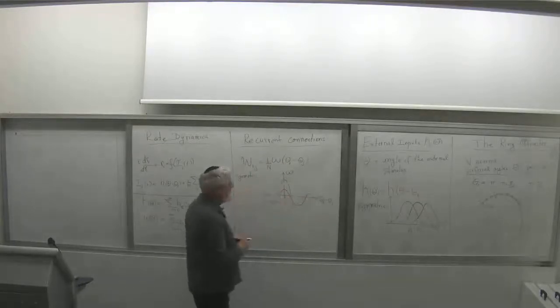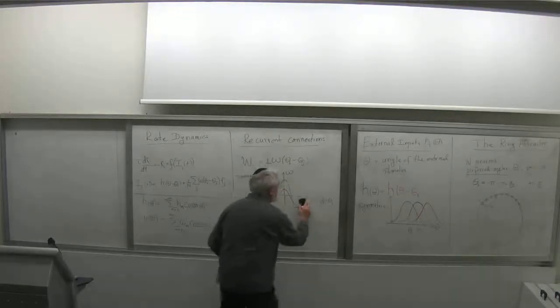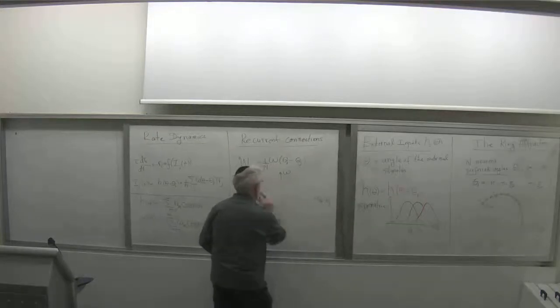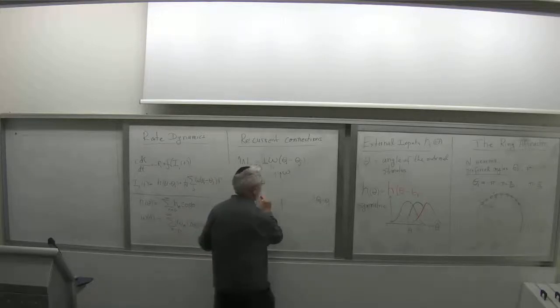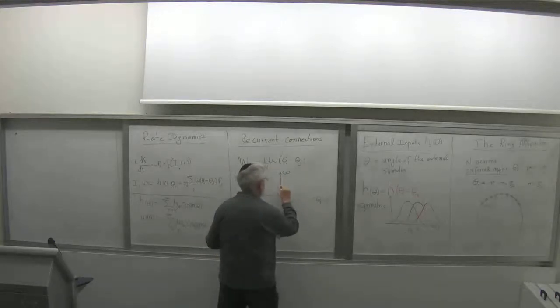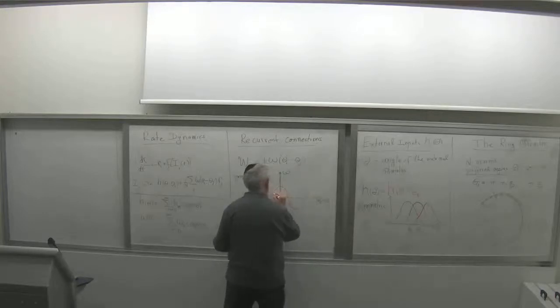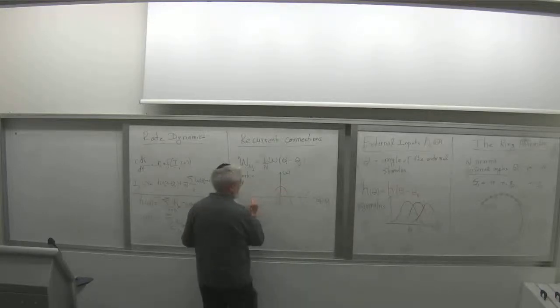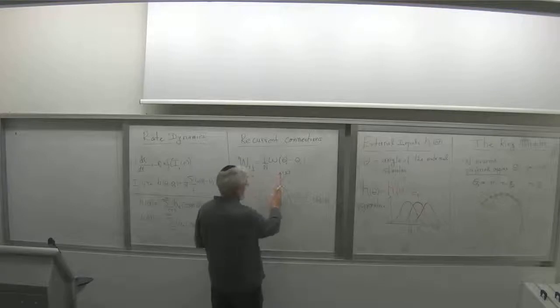If I just make the plot not so cluttered, then W will look like that, and W0, I shifted it up and down.